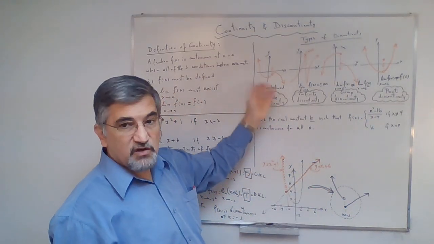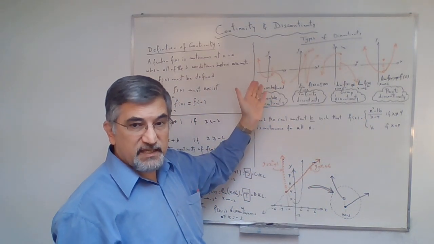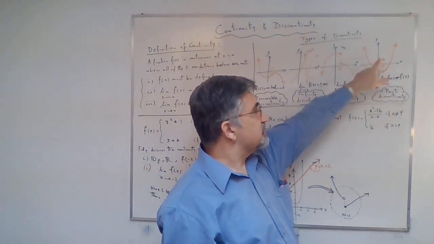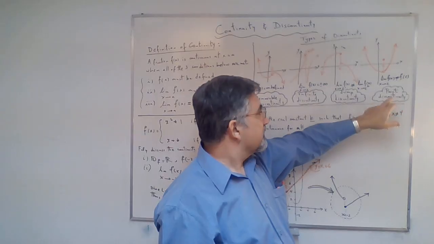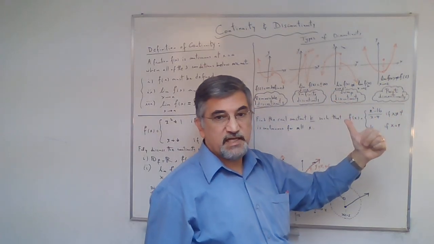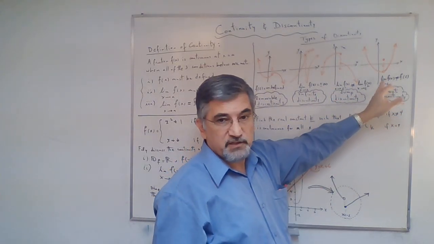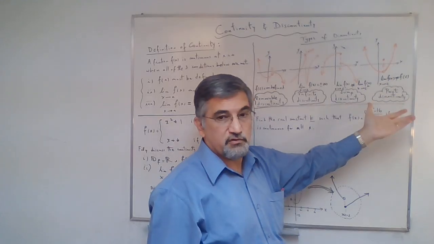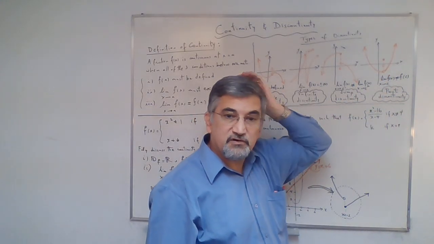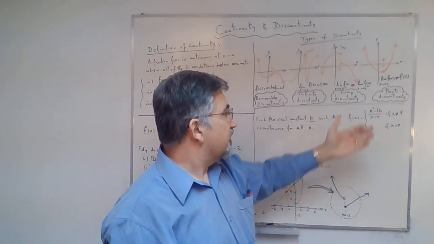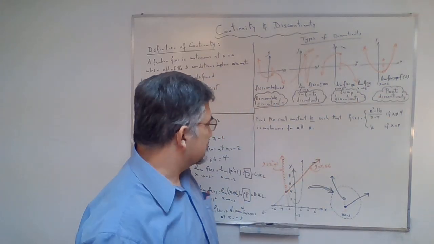Here, f at c is undefined. The function is not even defined at x equals c, but here it is actually defined, and that point is part of the graph of the function. But the third condition is not satisfied, meaning that the limit of f of x when x approaches c, which of course exists, happens not to be equal to f at c, the value of the function at x equals c. And that's what we call point discontinuity.